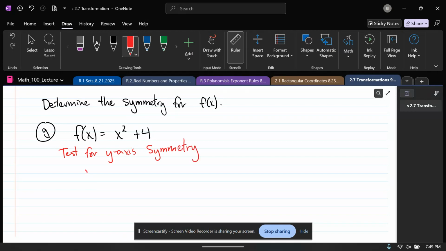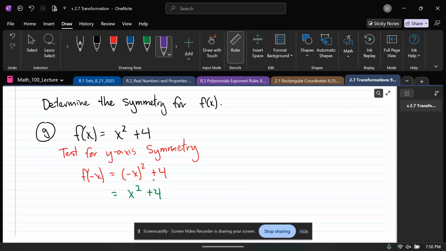I'm going to plug in a negative x. What happens when you square negative x? What's negative x times negative x? Positive x squared. Is that the same as the original?